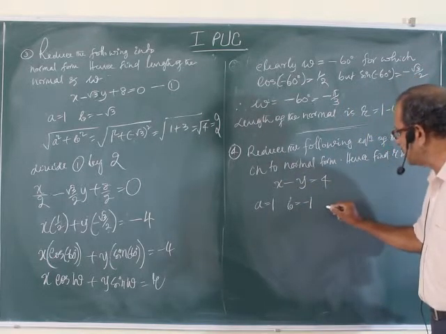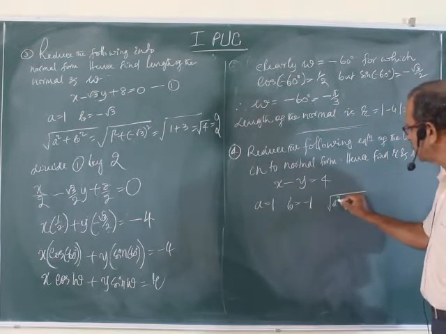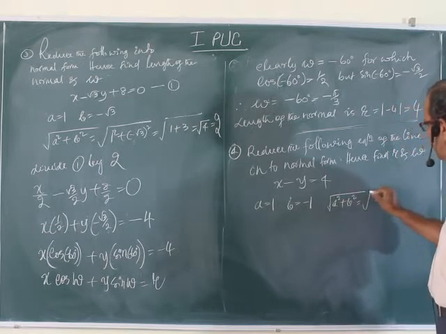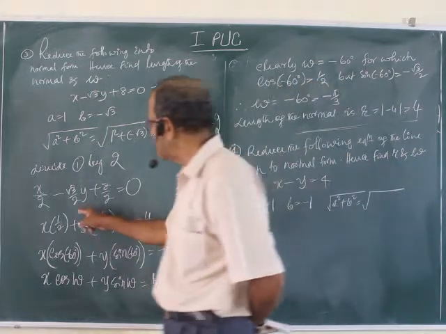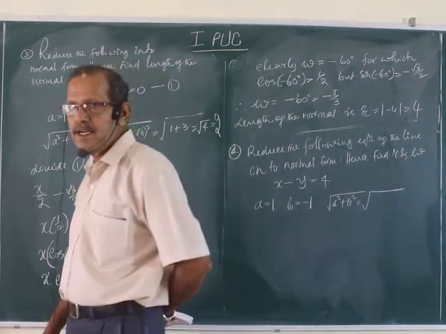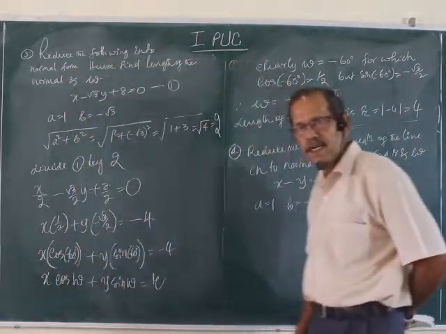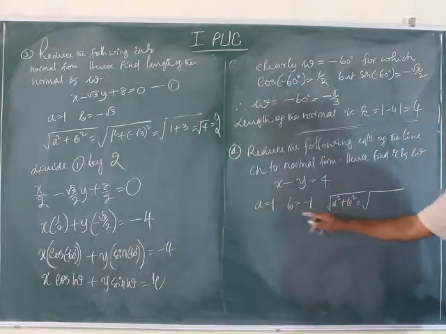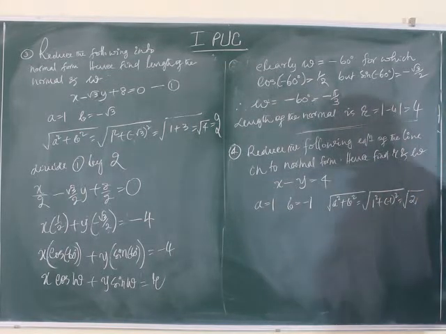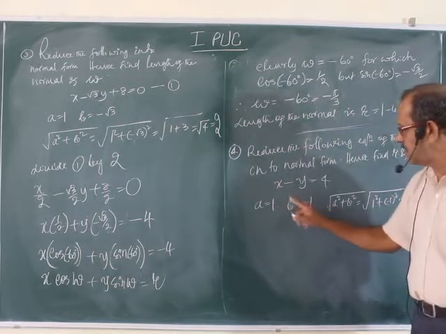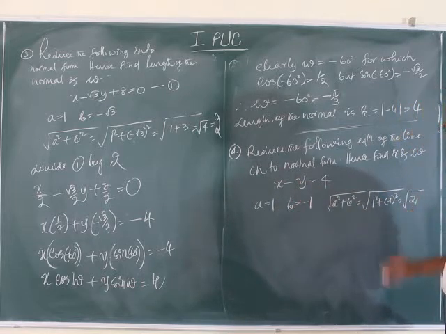You have to find first square root of a square plus b square, mostly given as the capital letter A in your formula list. A square plus b square is 1 square plus minus 1 square, root 2. A is 1, b is minus 1.